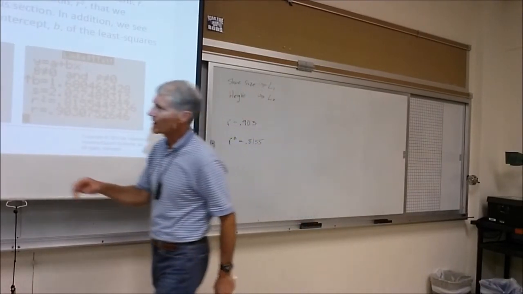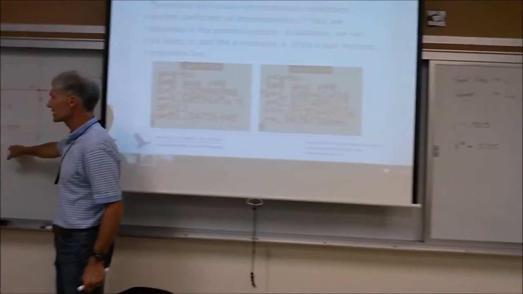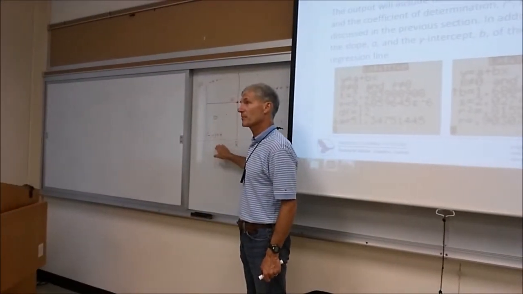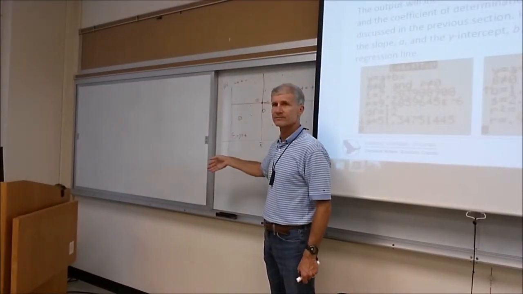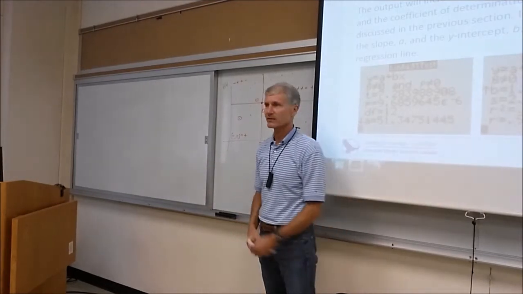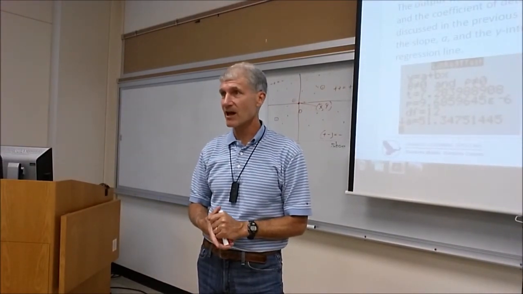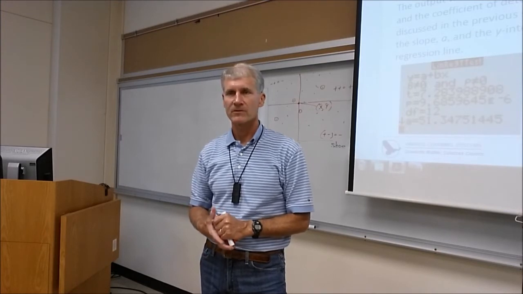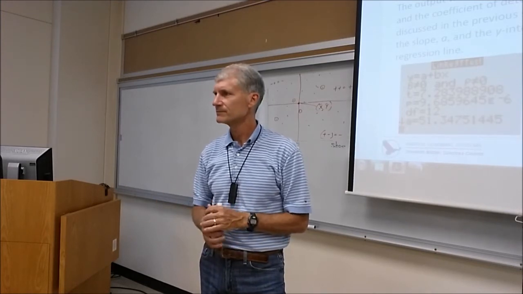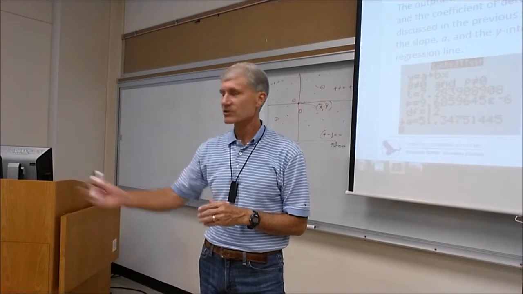Well, by knowing somebody's shoe size, I can explain a lot about how tall they are. In fact, 81% of the variability in height I can explain just by knowing their shoe size. That means there's 19% that I cannot explain with shoe size. So what would explain that? Genes. Genes, genetics, sure.